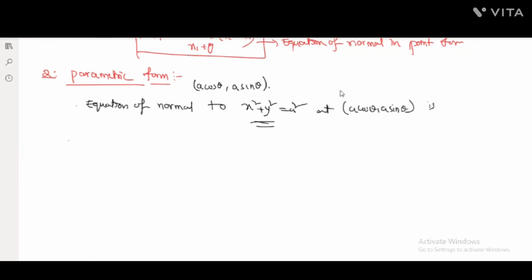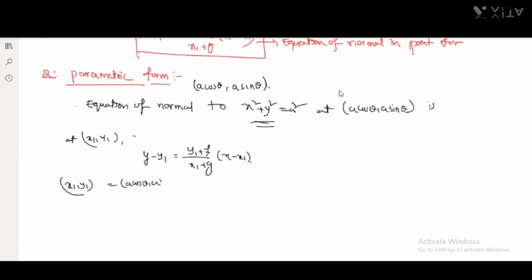At (x1, y1), we know that y minus y1 is equal to (y1 plus f) by (x1 plus g) into (x minus x1). Now this (x1, y1) we are taking as (a cos theta, a sin theta), and the center of the circle we are taking as (0, 0), which is (minus g, minus f).